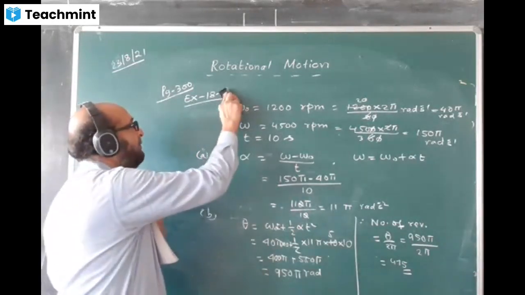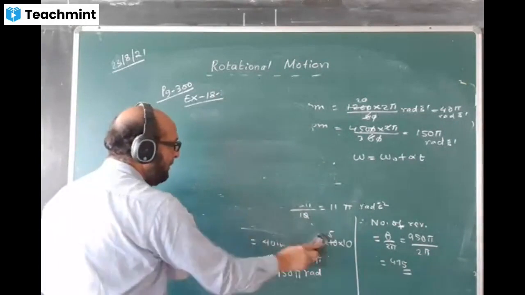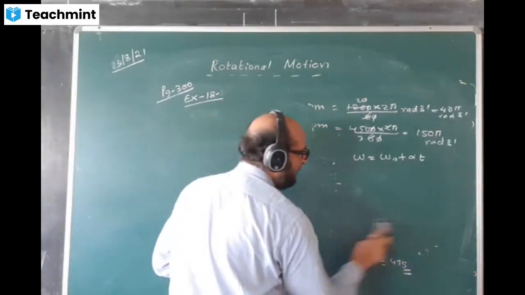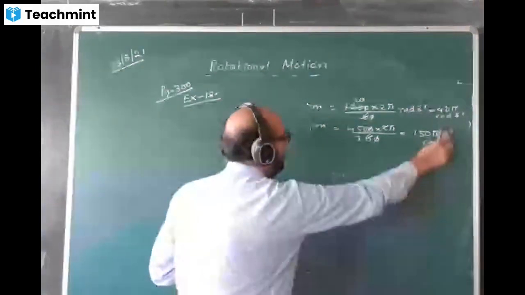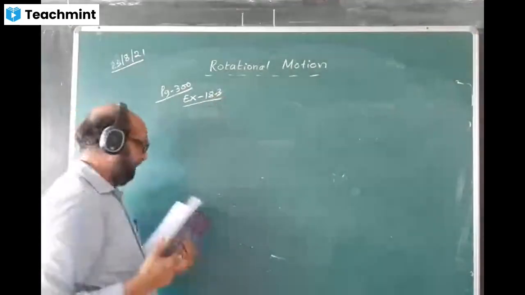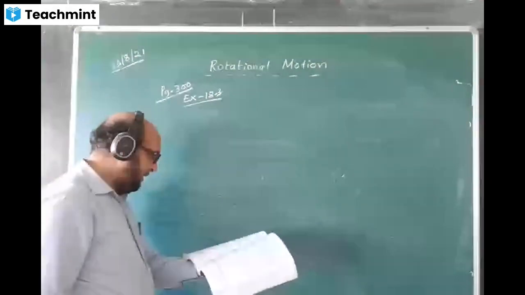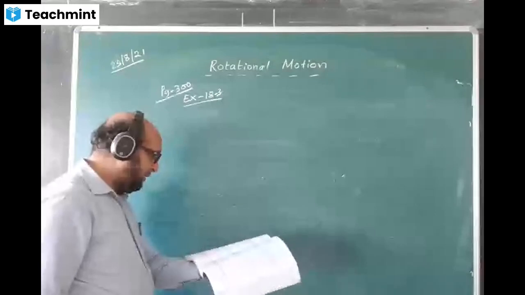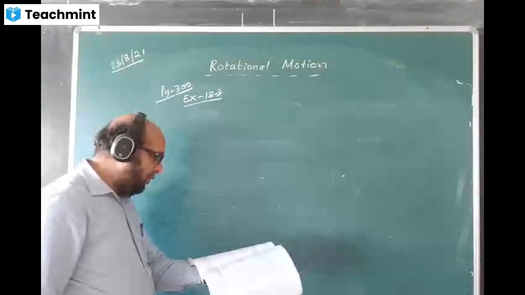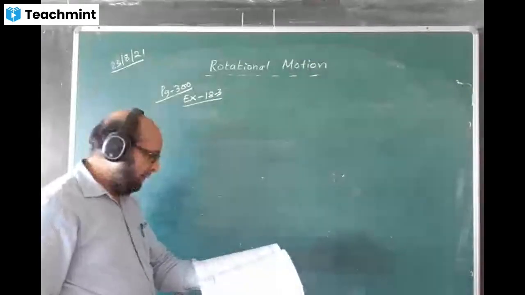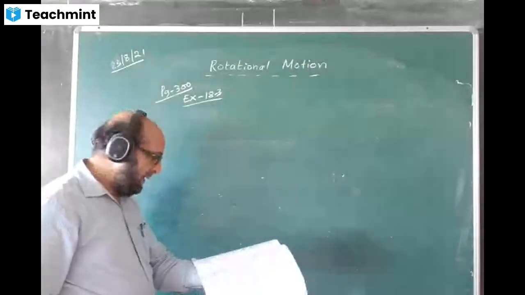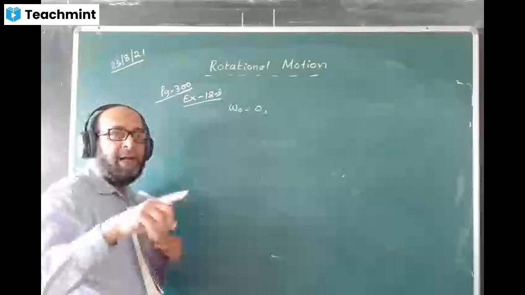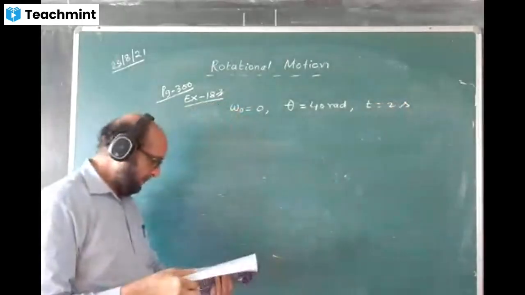Let us do this. Example 18-3. A wheel turns through an angle of 40 radians in 2 seconds starting from rest, omega naught is 0 radians per second, and the motion continues.